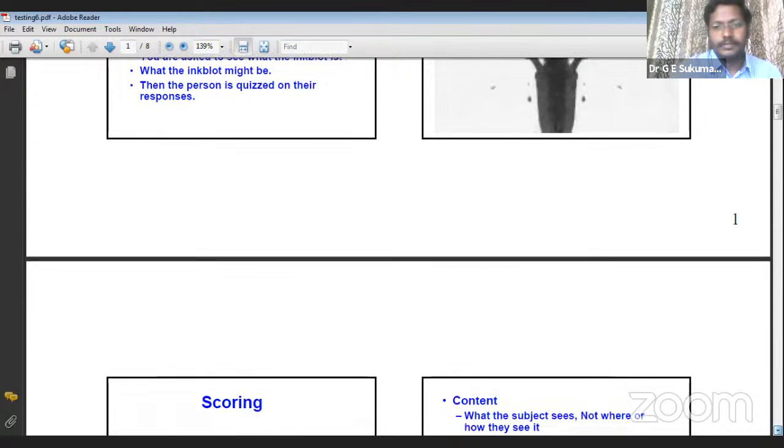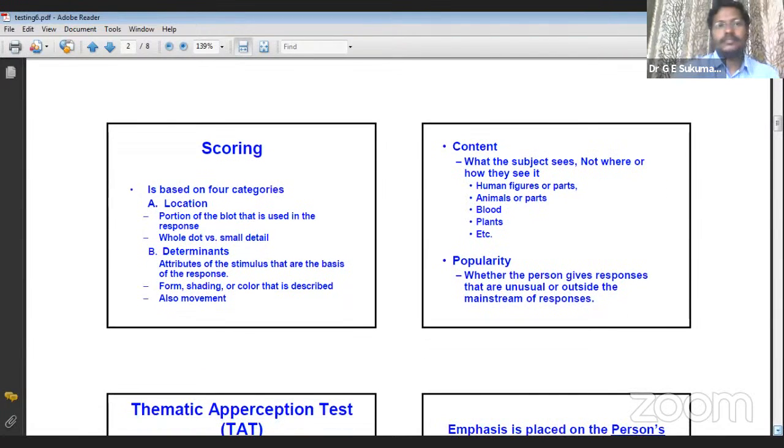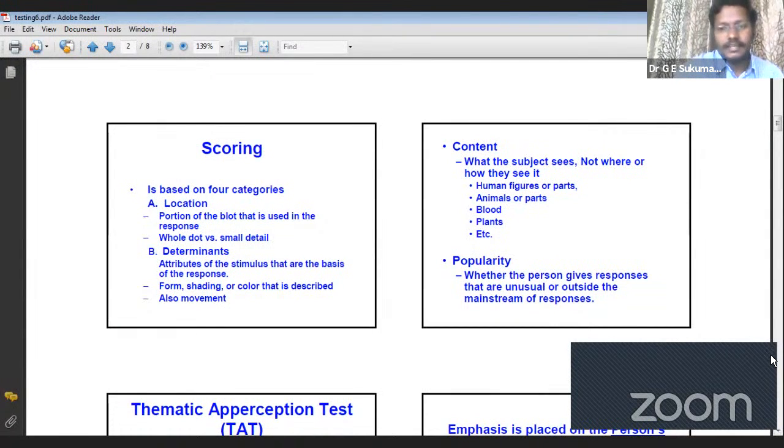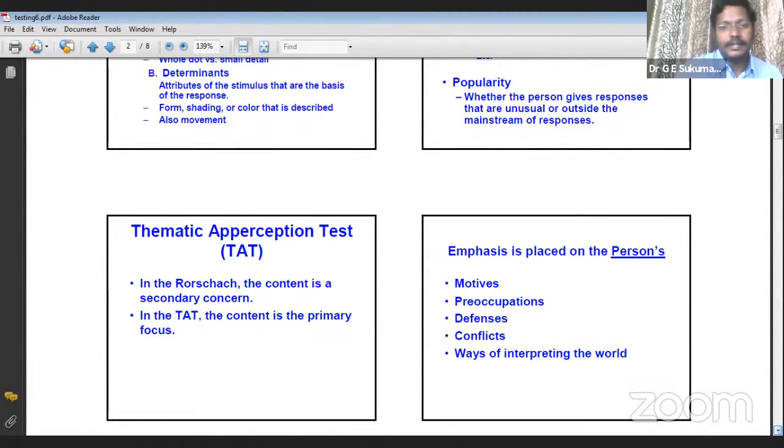Projective tests are very, very important, as I said. Scoring is done based on location, determinants, forms, and all that.